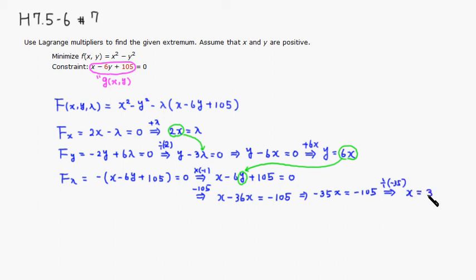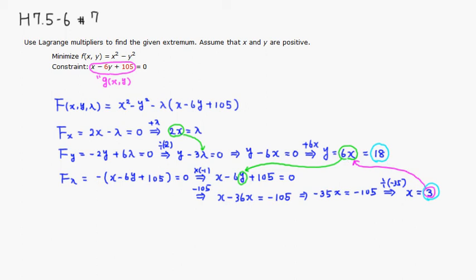Right? Once you know that the x is 3, we can plug this guy into x here. So we know that y is equal to 6 times 3, so 18. Right? So we found the x value, which is 3, and the y value is 18.